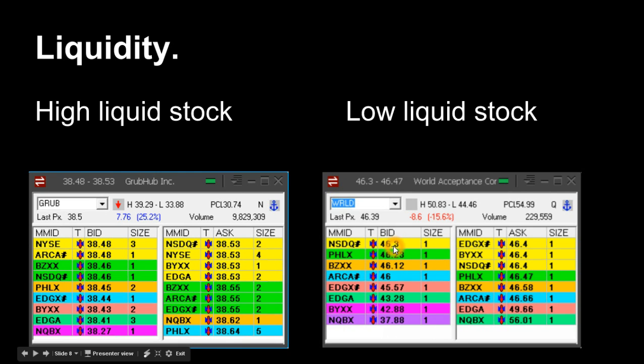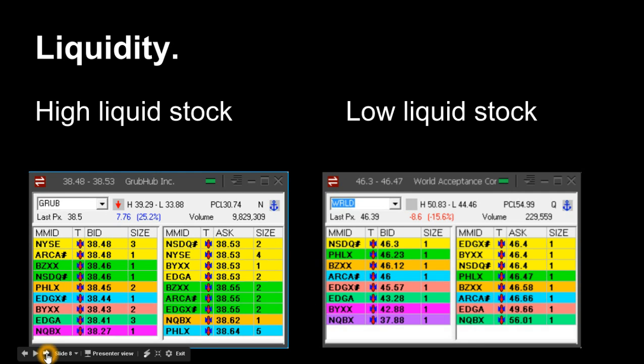Maybe you are long, you will need a movement of 10 cents to be at break even on this stock. For example, trading CFDs in my case. So you can see the difference between a low liquid stock and a high liquid stock, the interest at each price level.